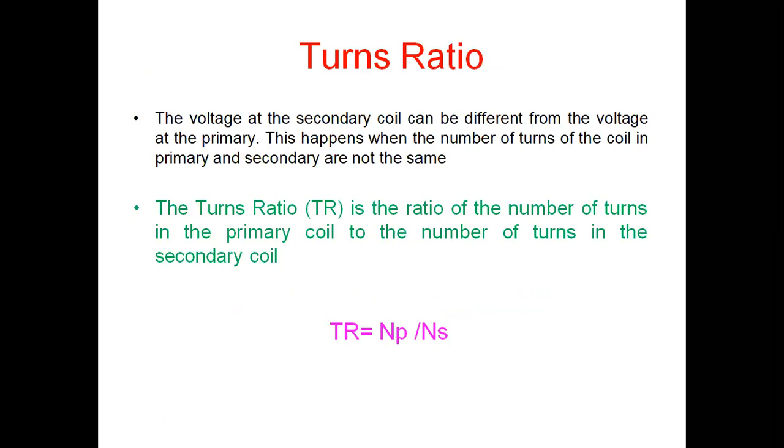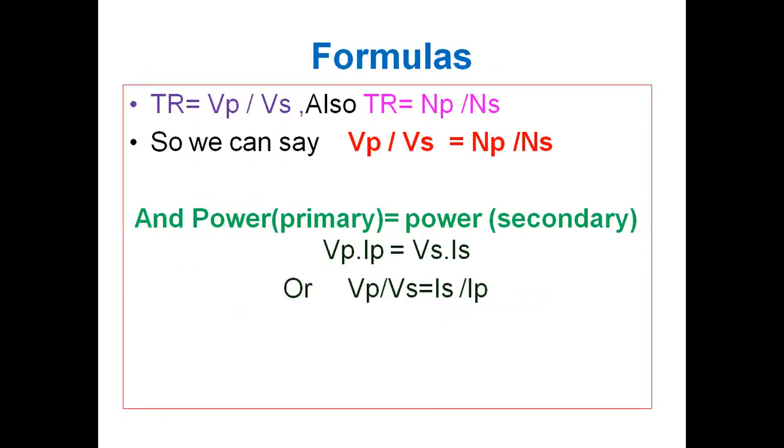Another important parameter is the turns ratio, which is given by the ratio of the number of turns in the primary to the number of turns in the secondary winding. That's why TR is equal to Np by Ns. With our discussion, we have concluded with the formulas.